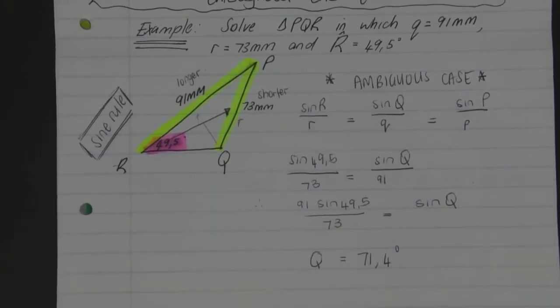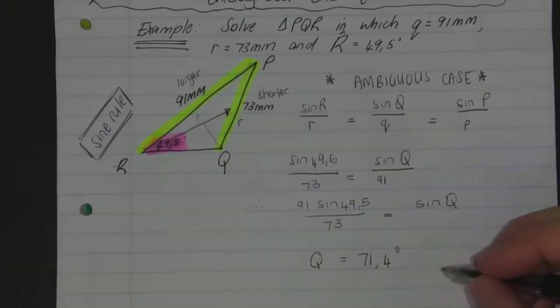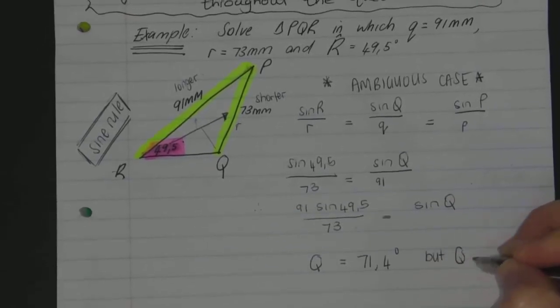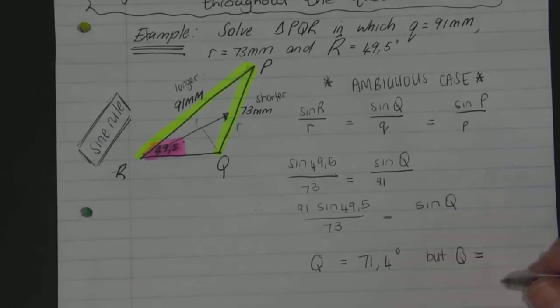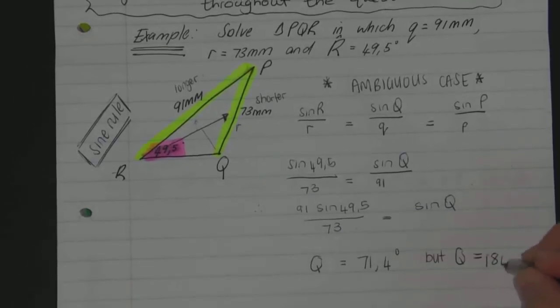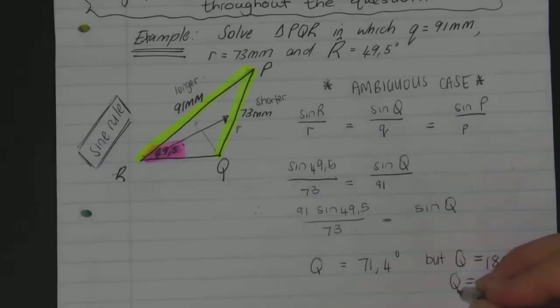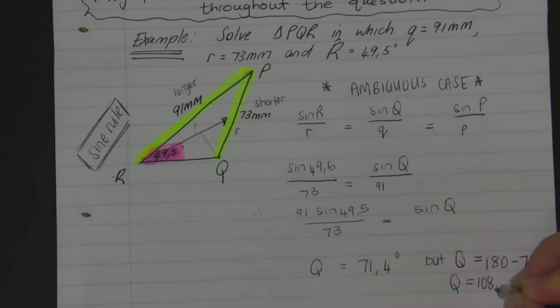That means Q is going to be shift sine of this entire thing, and it works out to be 71,4. But Q can also equal the obtuse version of that, and therefore Q can also be 108,6.